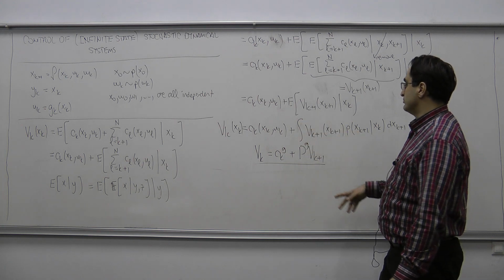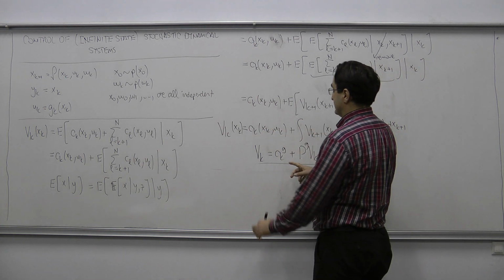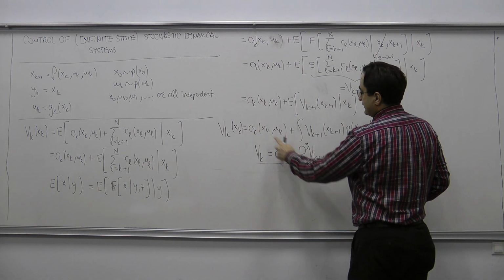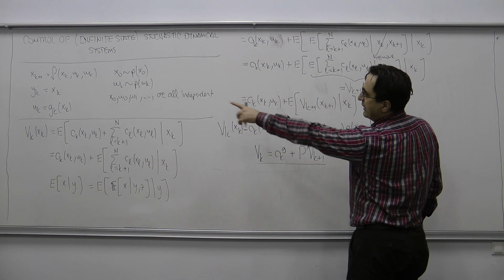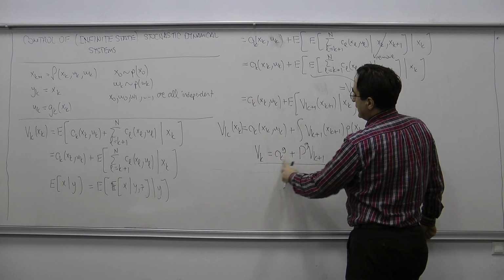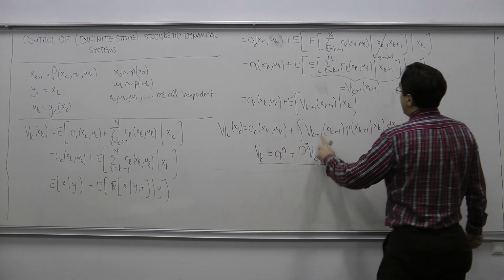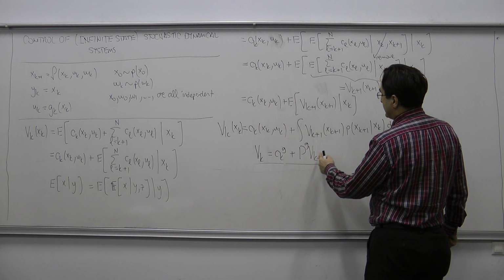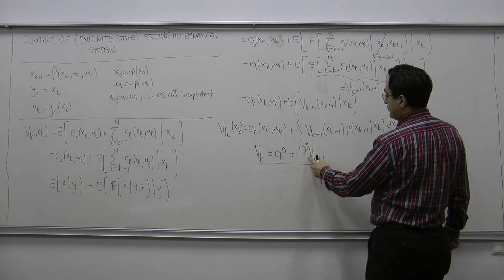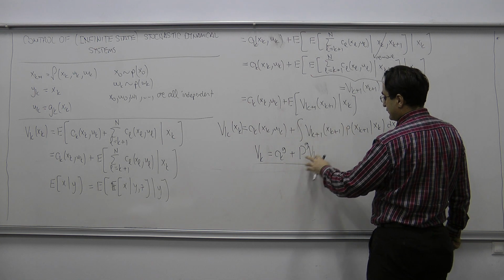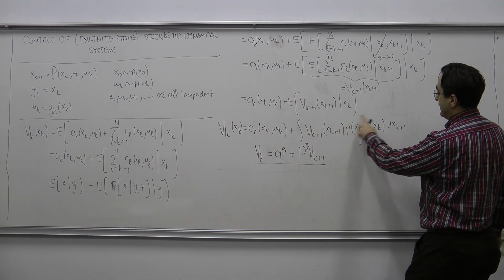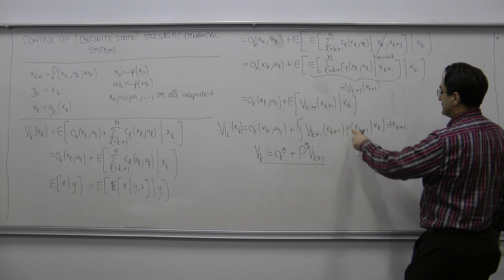And now try to compare this. V_k is this one, and I have c_k given like this. If I substitute u_k equal to g_k(x_k), then I would obtain this term. And here, this expectation is nothing but, in the case of finite state Markov chain, this integral turns into a summation and multiplications. So this is the transition probability matrix, which is represented by this in the infinite state case.